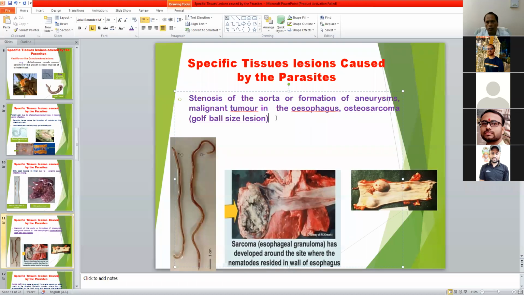It causes osteosarcoma, a golf ball size lesion in the esophagus. This is the worm, and these are the lesions caused by Spirocerca lupi infection in dogs. The final host is the dog, but the intermediate host is beetles.